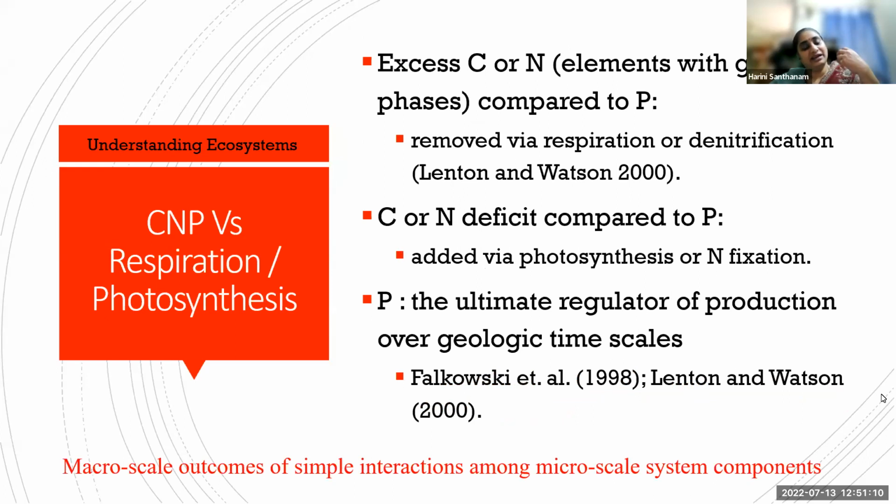Now, for example, if we have excess C or excess nitrogen compared to phosphorus, we are only discussing what if the phosphorus, the limiting nutrient, increases. Then they are removed through respiration or denitrification. So here we can say if the respiration or denitrification rates are higher, as we will calculate from the structural point of view or the process point of view when we saw what are known as fluxes of gases, for example, more emission of CO2.